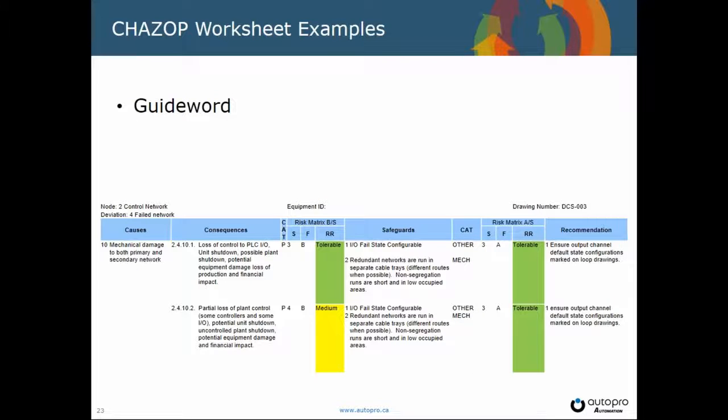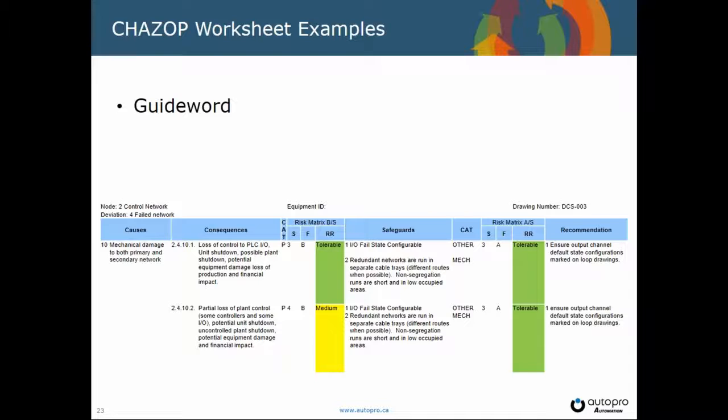So, some worksheet examples here. I talked about 3 general types of CHAZOP methodologies. The first is guide words. For anybody who has sat in on a HAZOP, this worksheet will look very familiar, and quite often this would be documented inside of a PHA Pro program, exactly what most HAZOPs use today.